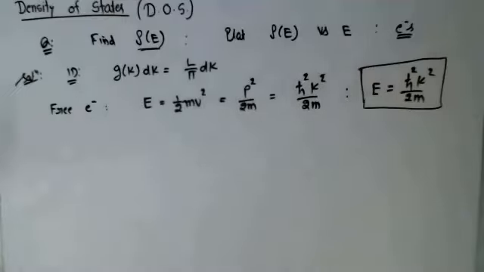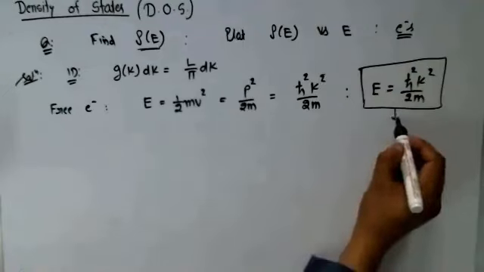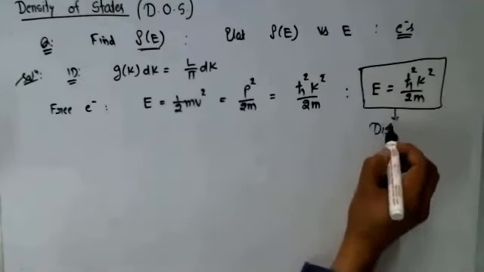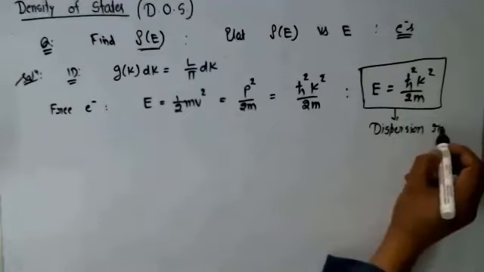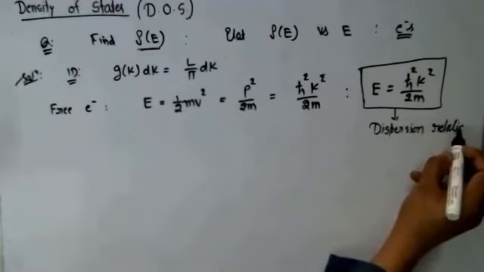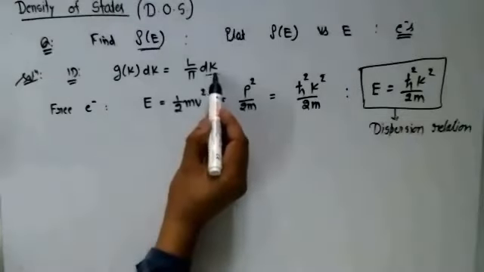So for a free particle, the relation between E and k is this much, and this is called the dispersion relation of electron. And the rest is simple. What do you need? dk.